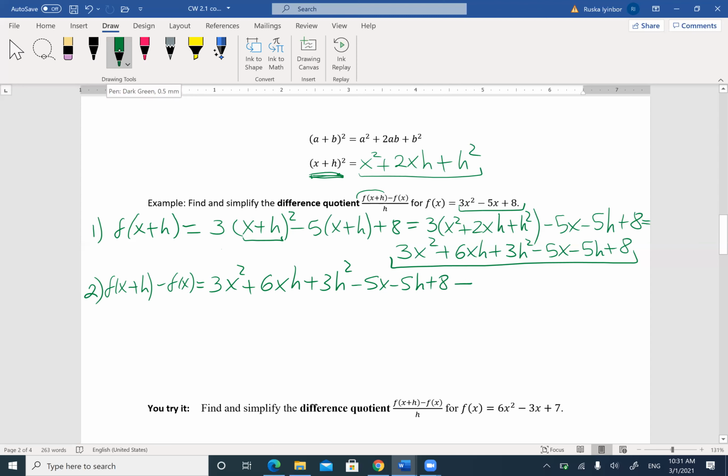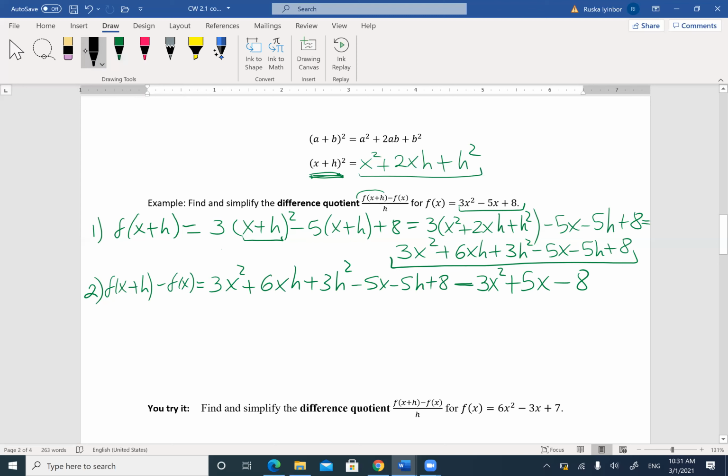I'm going to subtract the original. Because of this minus, I'm going to distribute the minus and it's going to change the signs. So it's going to be minus 3x squared. It's going to change negative 5x to positive 5x, and it's going to change 8 to negative 8. And then from here, we're going to simplify.